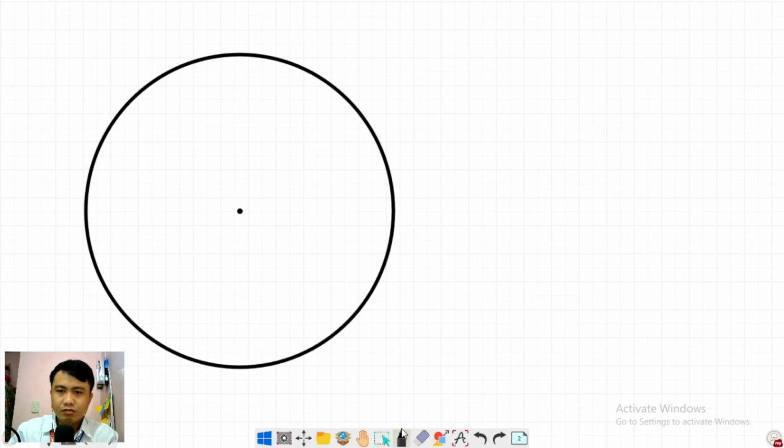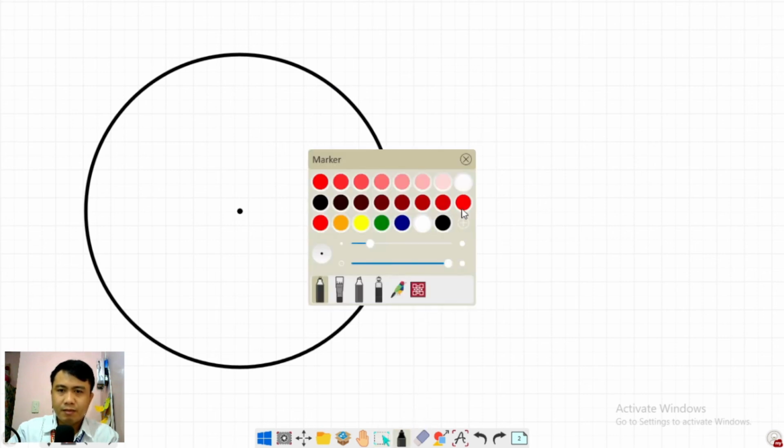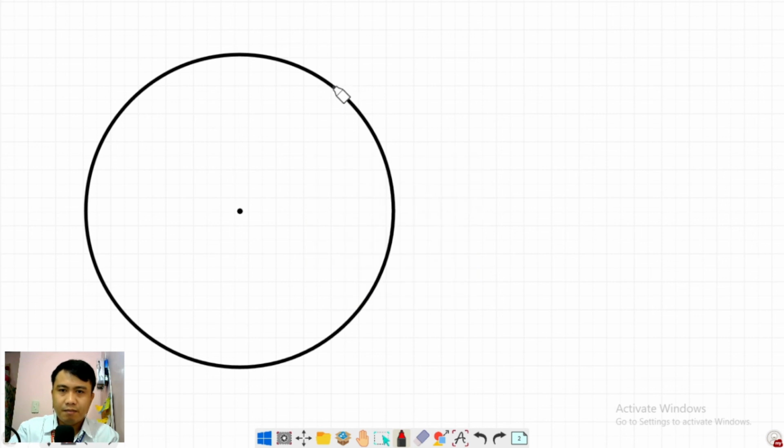Okay? So, ano napapansin niyo sa mga points na ito? Nagkakadikit-dikit na points yan, kaya nga naging curve yan. Ano napapansin ninyo dito sa mga points na yan, dito sa ating point na nasa gitna? Okay? So, hindi ko na kayo papatapusin. If we're going to measure, pwedeng gumamit tayo ng ruler.